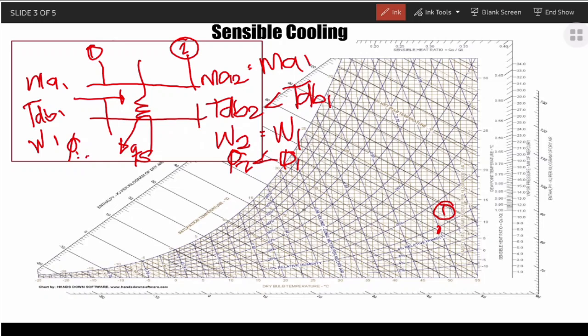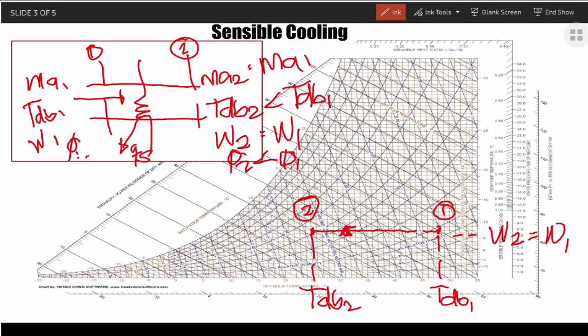So as we plot it in the psychrometric chart, it moves in this direction, since we are cooling. So for example, we reach point 2, and we register all the temperatures. The dry bulb temperature 1, dry bulb temperature 2, but the humidity ratio W2 is equal to W1.